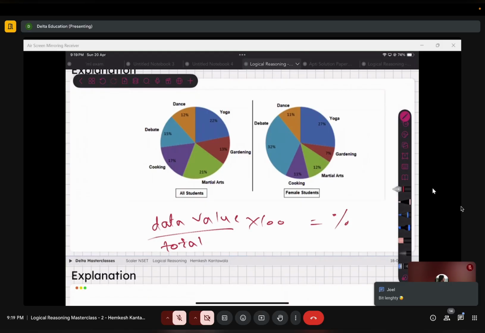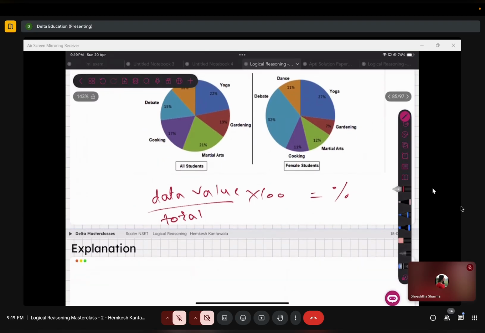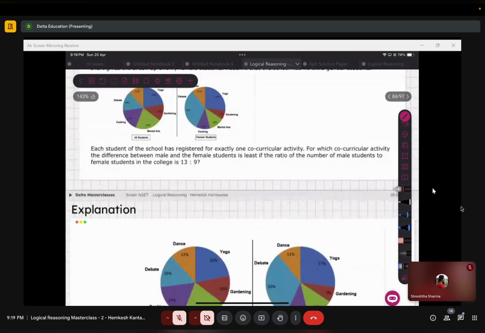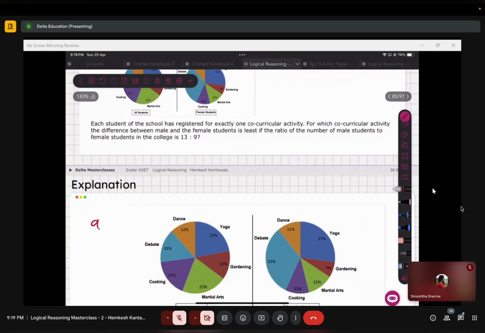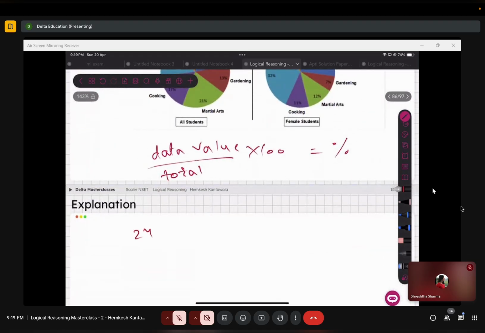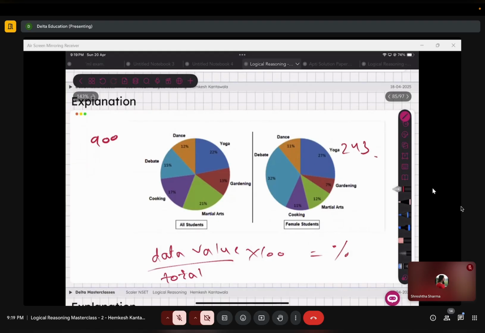It's a bit lengthy. This is the kind of question you should do at the last of the LR section. If the data value is total female students, the total is 900, so we need 27 percent of 900. 27 times 9: 7 nines are 63, 9 twos are 18 plus 6 is 24, so 243.